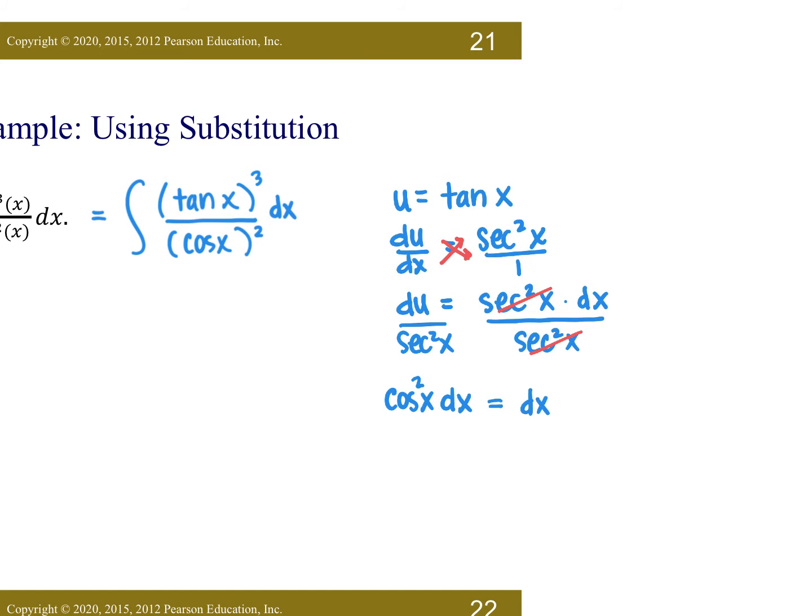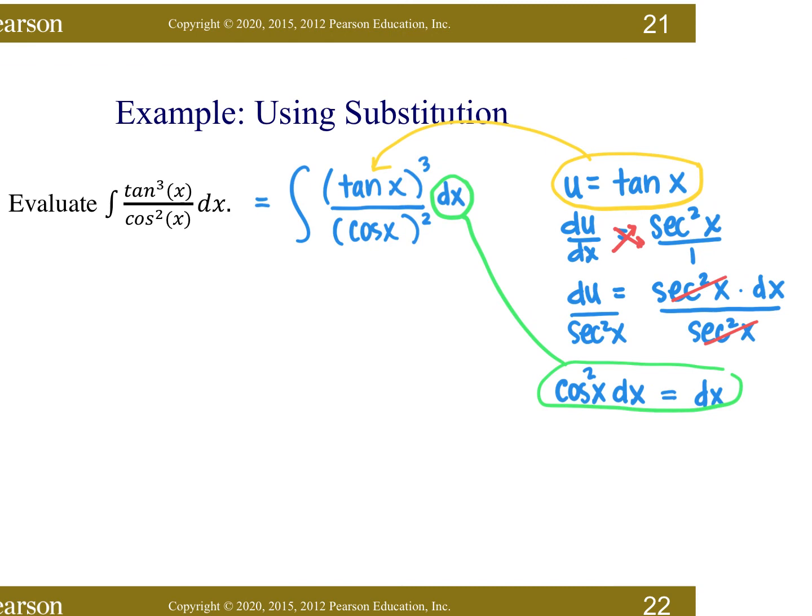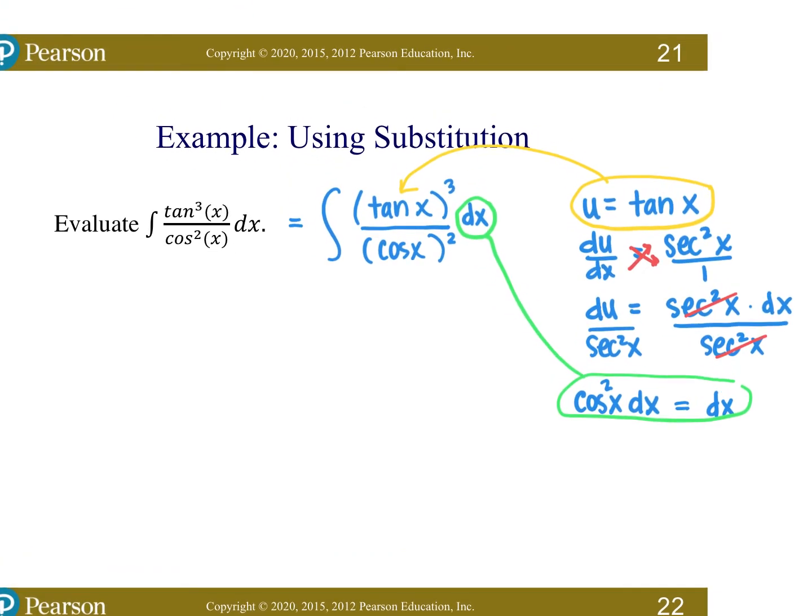Okay, so now we have dx by itself, so we go back to the beginning, and we're going to put u in for tan x, and we'll go to the end, and we're going to replace dx here. We're not going to do anything with the cosine squared x right now. So in our parentheses, we'll have u cubed. We're not going to do anything with cos x quantity squared. And then we're going to replace dx with cos squared x du.